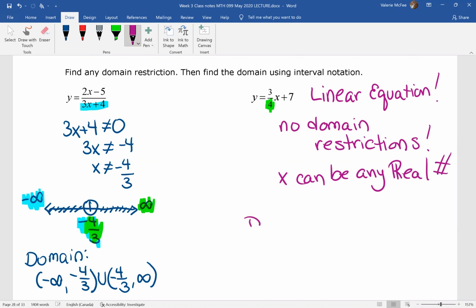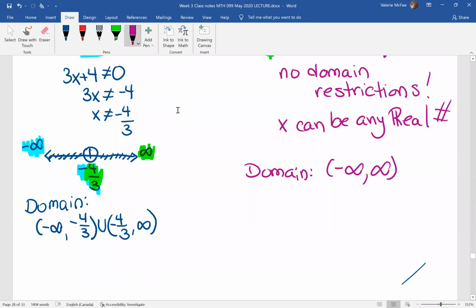What does that mean for the domain? Well, that means it's all real numbers, all the way from negative infinity up to positive infinity. Finding domain takes some practice. Please go to Pearson, the homework assignments, find the domain questions, practice them.